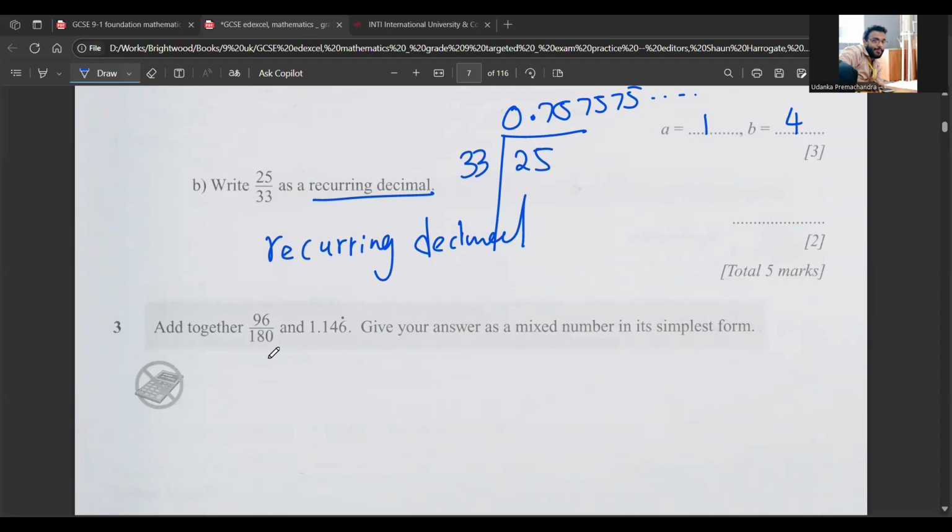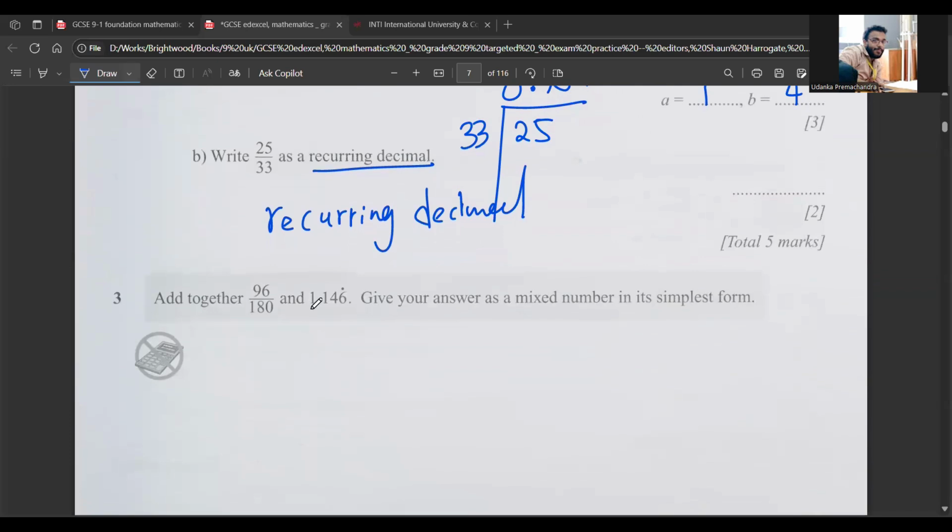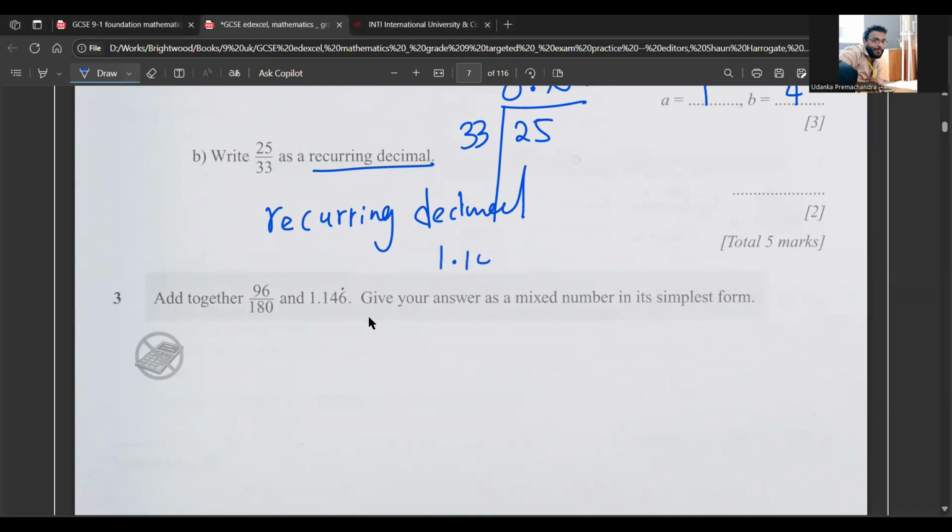This is 96 of 180. 1.146. Give your answer as a mixed number in the simplest way. How to add? Here you have a decimal value, 1 point, with the recurring dot also. 1.146 is a recurring number.